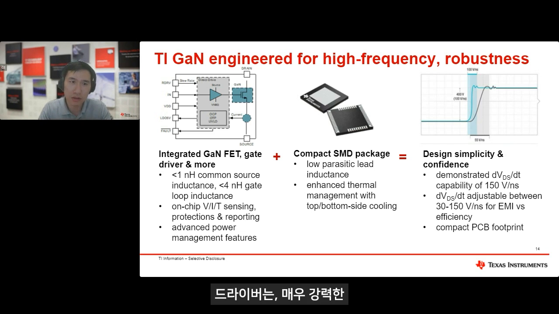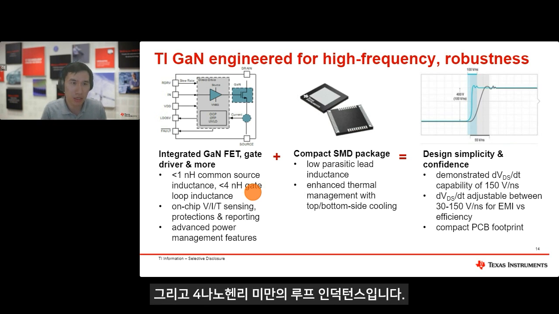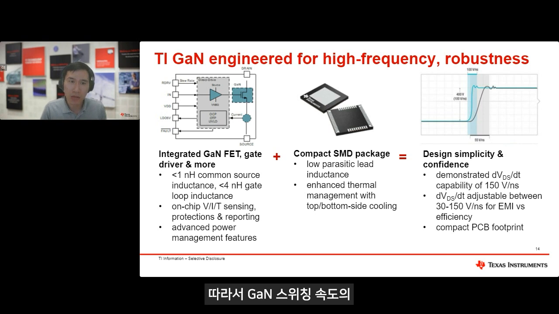We integrated the very powerful TI driver with the GaN FET into our GaN product. To realize a very small parasitic, you can see that's less than 1 nanohenry common source and less than 4 nanohenry gate loop inductance, so that we can maximize the switching speed capability of GaN.